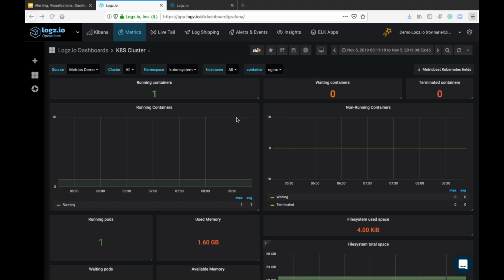But to the specific question, there are basically three ways that I would recommend looking at. The first one is FluentD for Kubernetes, with which you can ship all the logs. That's going to ship a massive number of logs to Logz.io, and you can use that in specific cases when you want to make sure that you get all the logs without the need or desire to filter them.